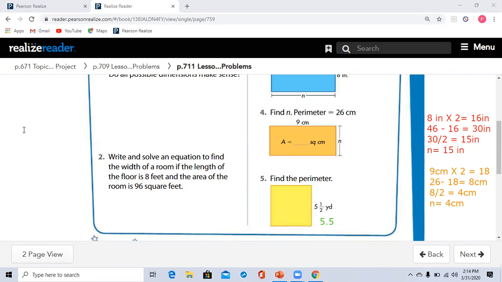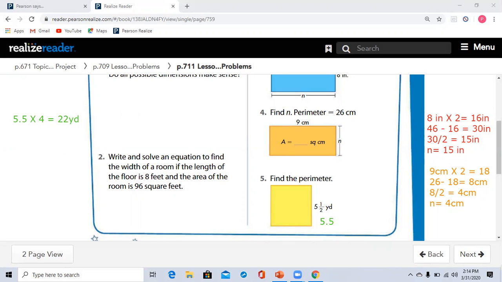It looks like all these sides are equal. So if it's a square, I can multiply that just by 4. 5.5 multiplied by 4 is equal to 22. So the perimeter is 22 yards.